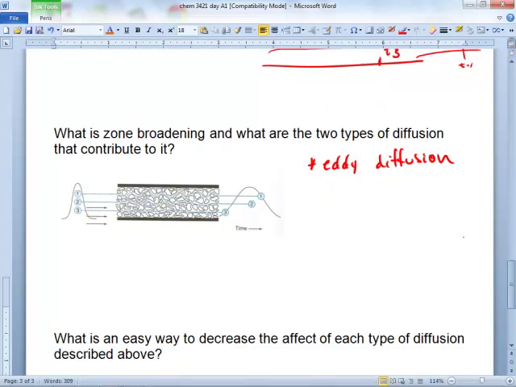The other type is, let's say you take a look at that guy, what he looks like. If I could draw it, he's really concentrated here, and then he's not so concentrated here, right? Kind of trying to draw lighter. He's the most concentrated in the middle.